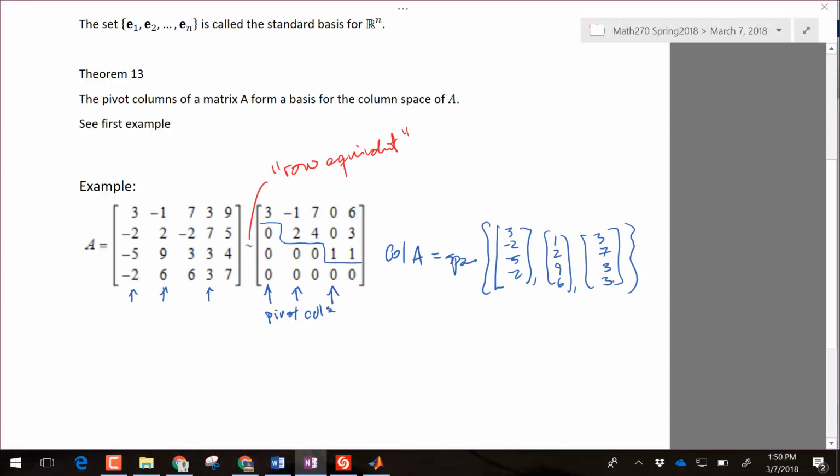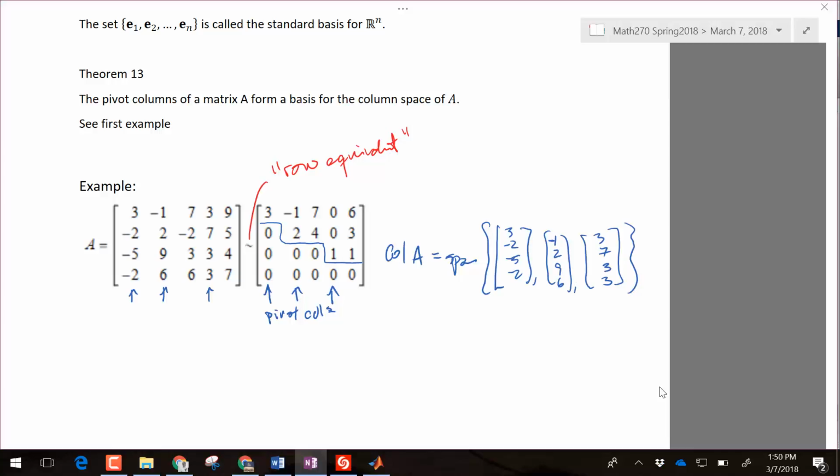Negative what? Oh, negative 1. Thank you. You need to look back at the original form for it. That's the tricky part about the column space.